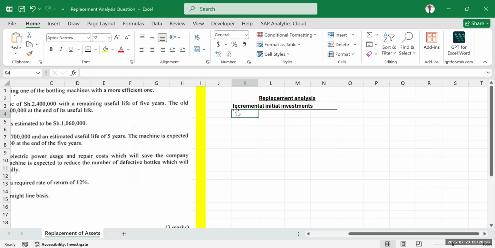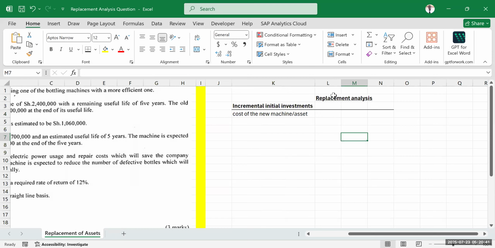We normally say you start with the cost of the new machine or asset. Then onto that cost of the new machine, the cost that you are about to spend to purchase that machine, you want to add any incidental costs.